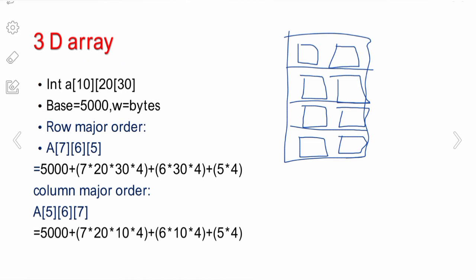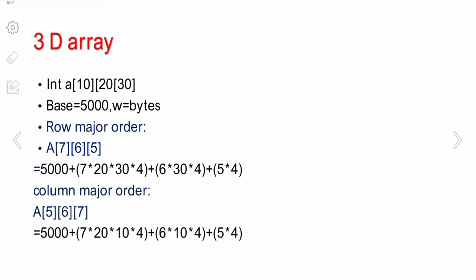Okay, suppose you can consider 10 as the number of floors, 20 as the number of flats and 30 as the number of people living in the flat, right?